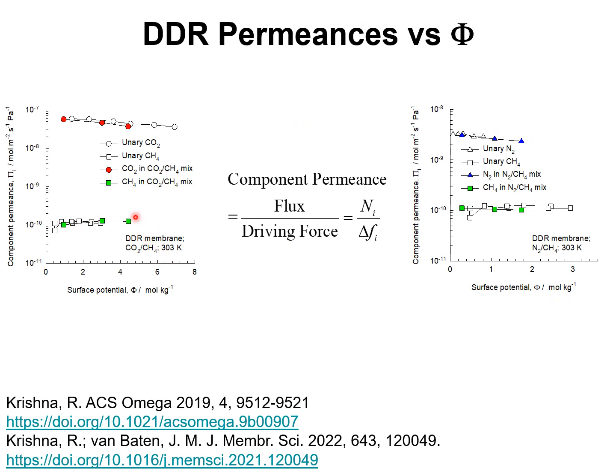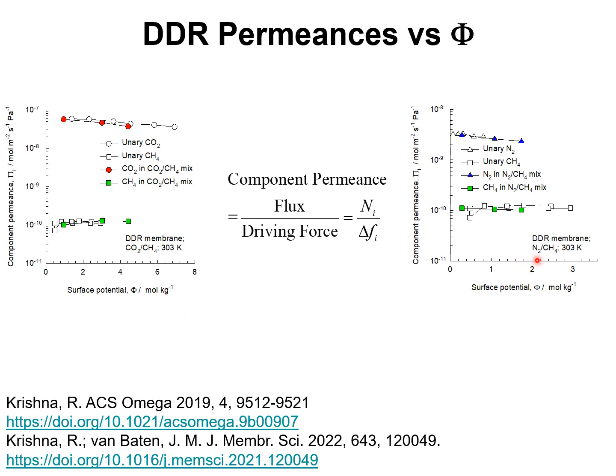The experimental data for component permeances of CO2 methane mixtures in DDR membrane are shown in this figure. We note that the component permeances in the mixture are practically the same as those for the unary systems, provided the comparison is made at the same surface potential.